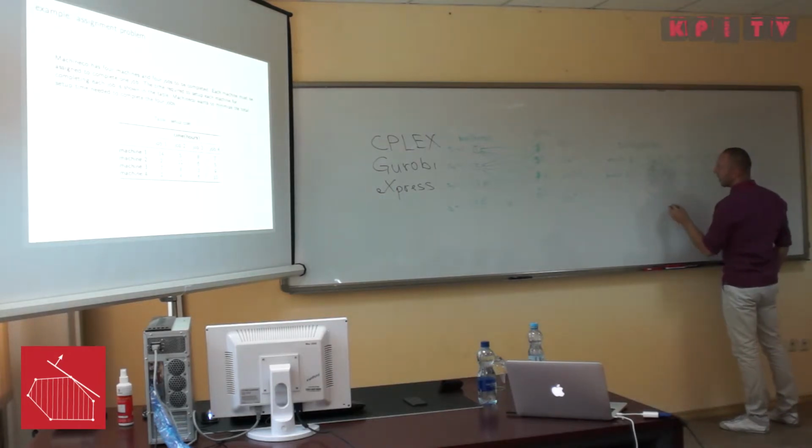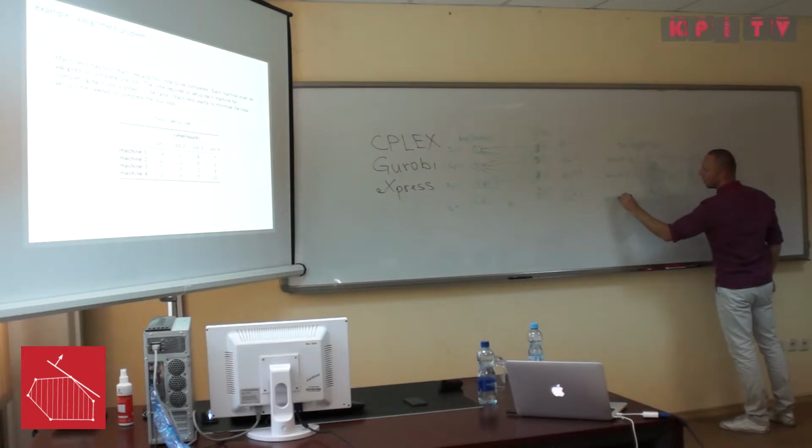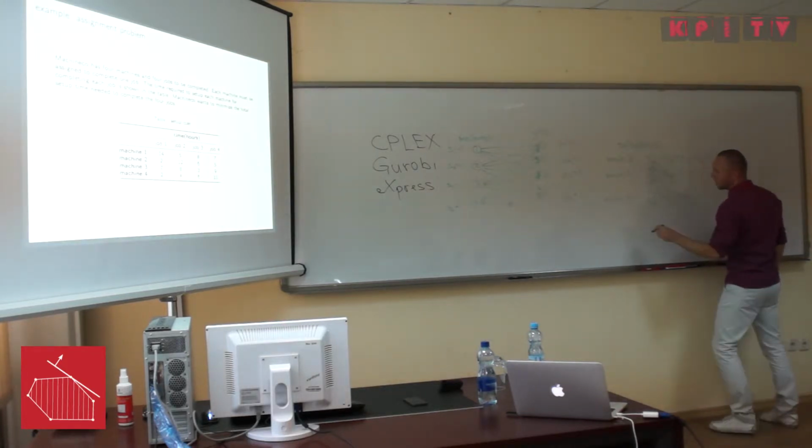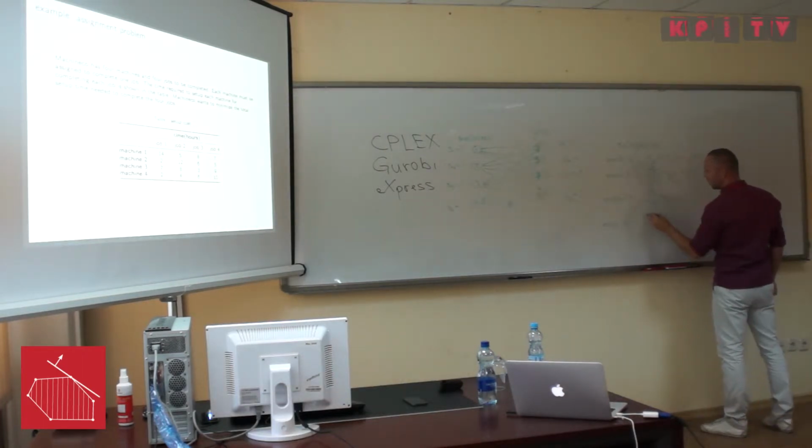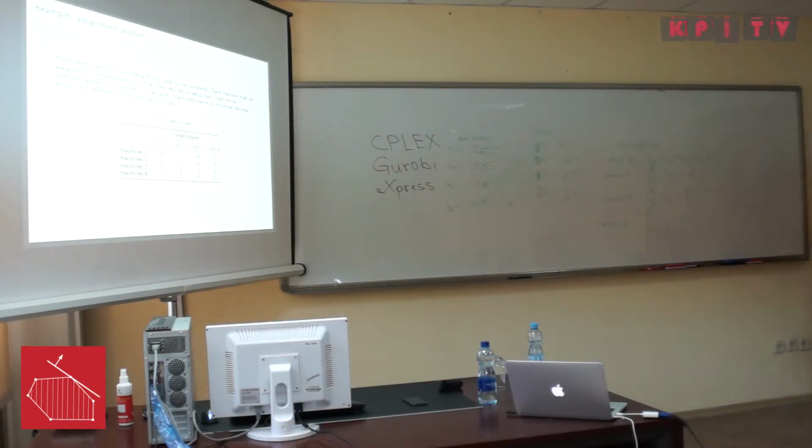And then further, it's the sum of x3j, where j is from 1 to 4. This is equal to 1. This is machine 3. Similar for machine 4. Something like that.